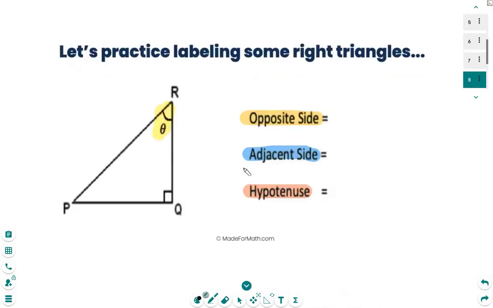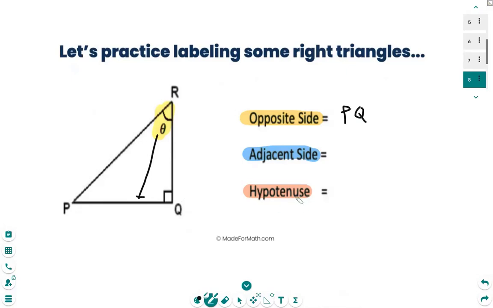Now let's do a few other examples. On these, I'll just write the side for each part. So the opposite side. What side is opposite the theta angle? Well, PQ is. What side is, I'll go to the hypotenuse next.